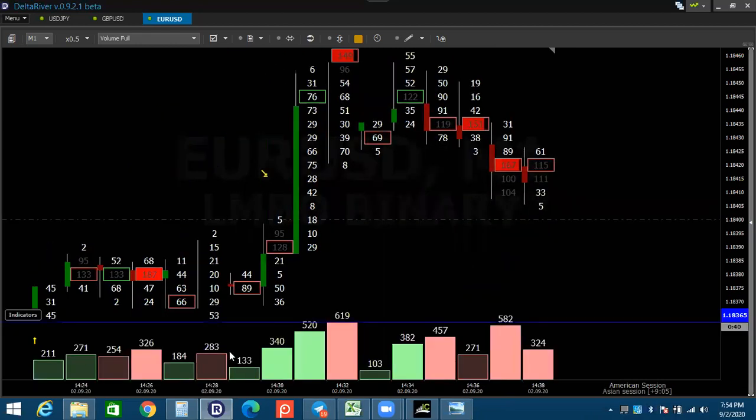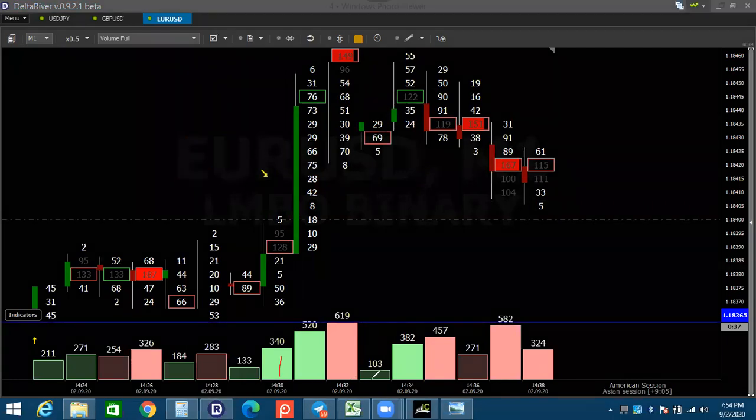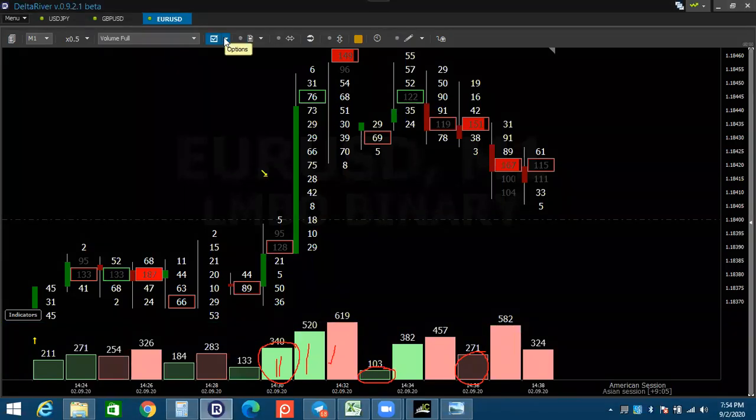In these volume bars, you are looking that some candles are highlighted and some candles are not highlighted. So it's not highlighted. Okay, it's highlighted when the volume is traded high. There is an option you can check in the volume bar.